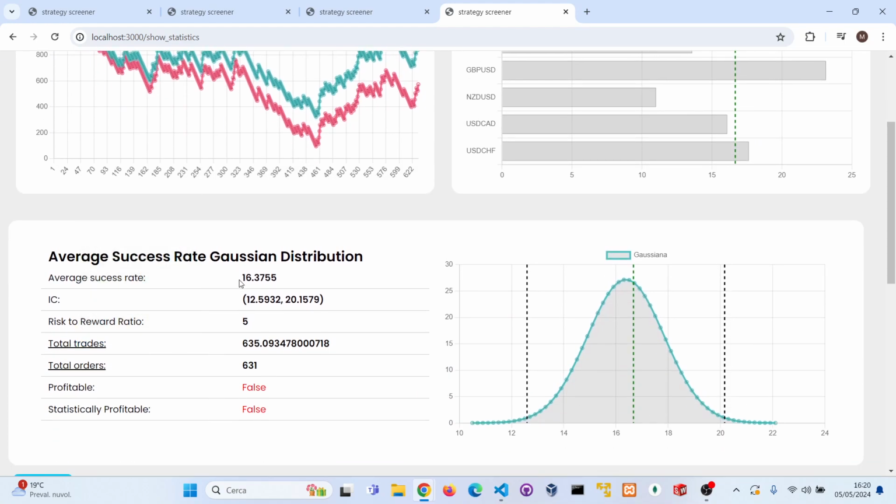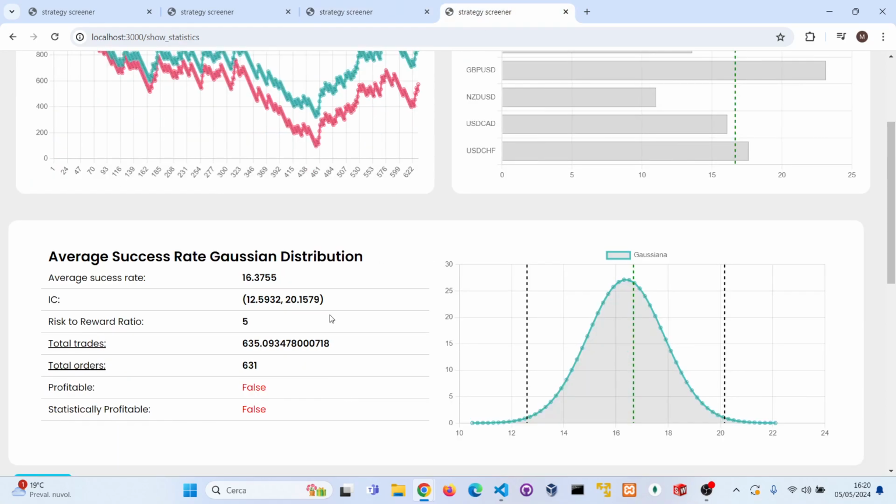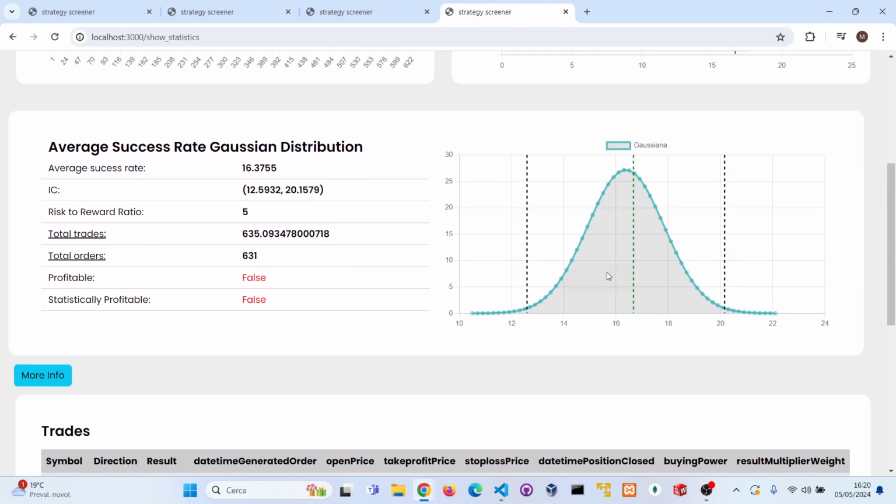The average success rate is 16.37, which is in the confidence interval we calculated before, and that's good. In conclusion, I would say that this strategy, as I said before, is not profitable and not statistically profitable.